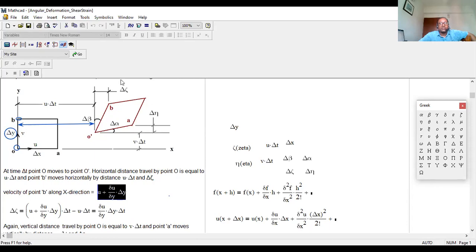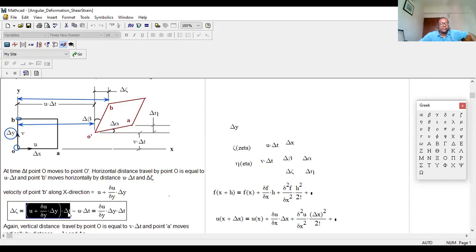Now, what is zeta? This blue distance is traveled by point O. The distance traveled by point B is its velocity into delta t. So this distance minus this distance gives zeta.